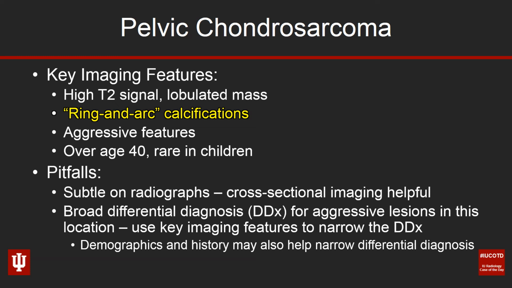Pitfalls include sometimes subtle findings on radiographs, for which cross-sectional imaging is more helpful. While the imaging findings and behavior of the lesion in this case were pretty characteristic, there is still a host of malignant-appearing lesions that can occur in the pelvis, and attention to patient history and demographics and the behavior of the lesion will help steer the differential in the right direction.